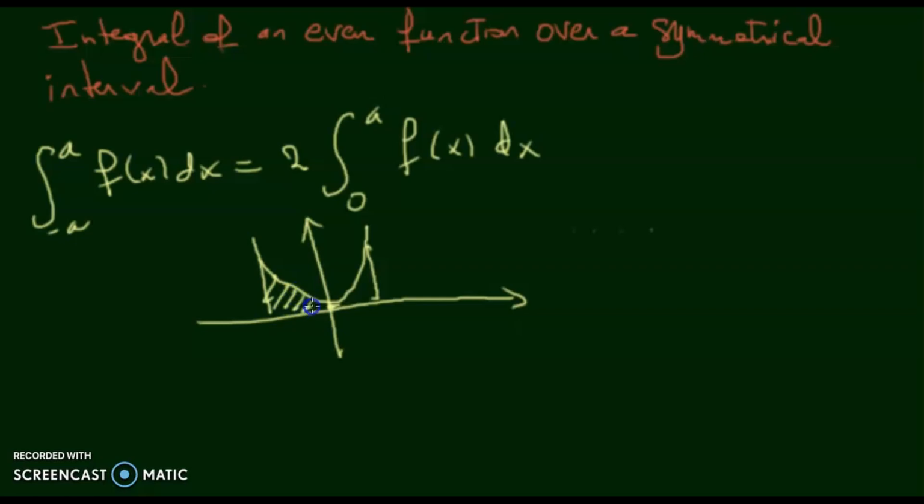The area on here is equal to the area on here. So the integral from -a to a, which is the whole area, is actually equal to double this area on here. And this is what we found out on here.